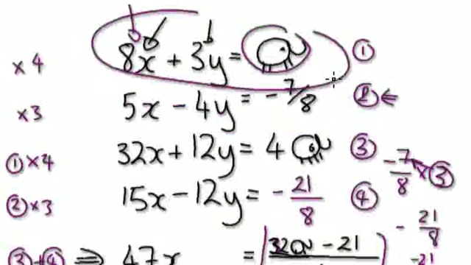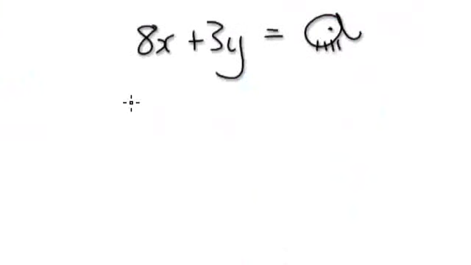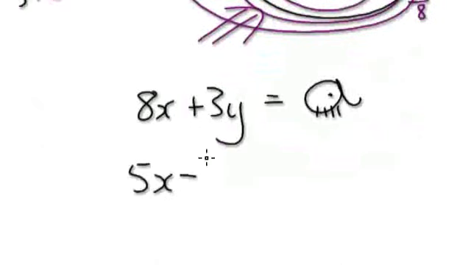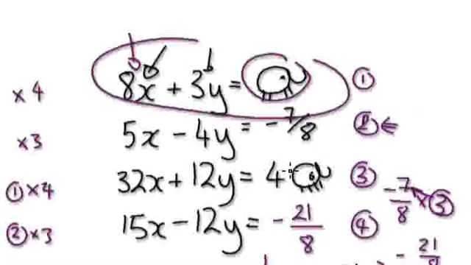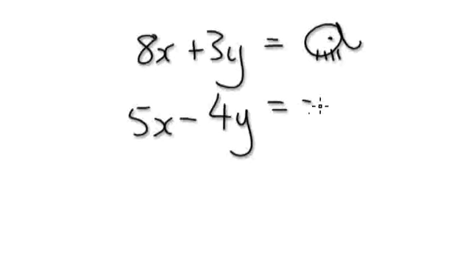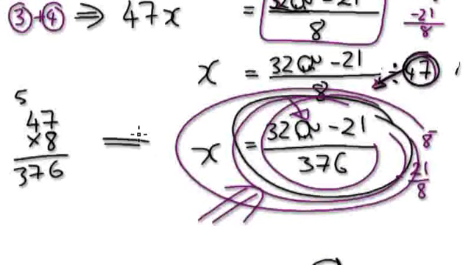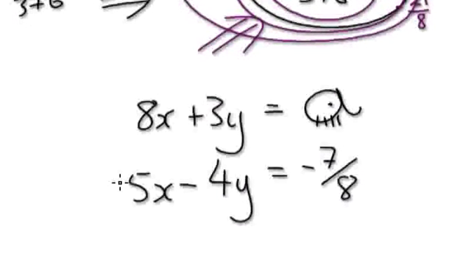And what was the other one? 5x minus 4y equals minus 7 over 8. So here we've already found out x. Now we've got to find y, so we've got to eliminate the x.